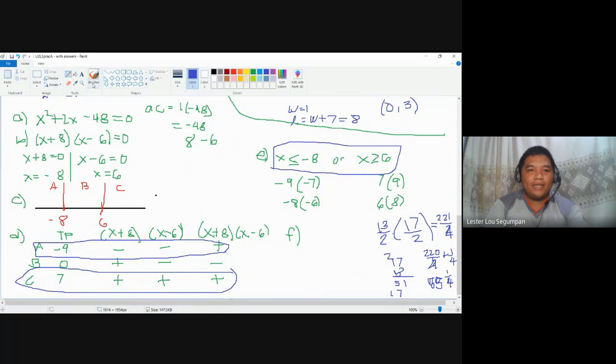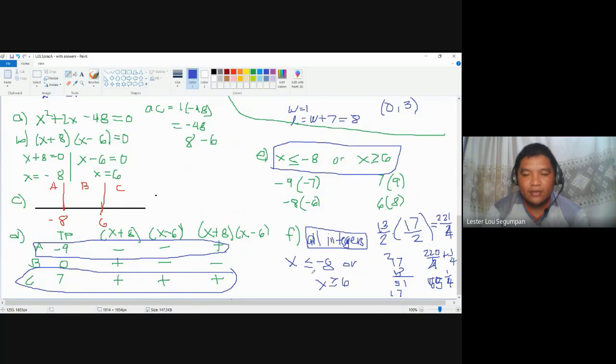You simply need to place here: all integers x less than or equal to -8, or x greater than or equal to 6.